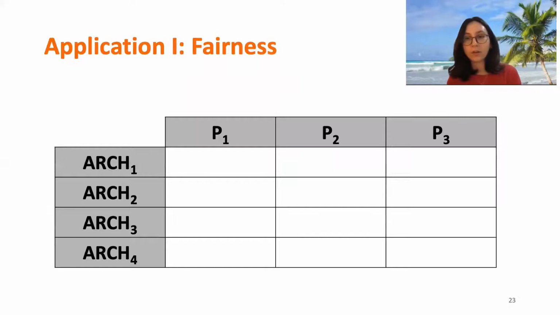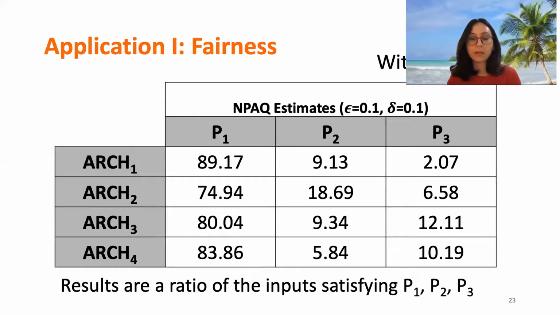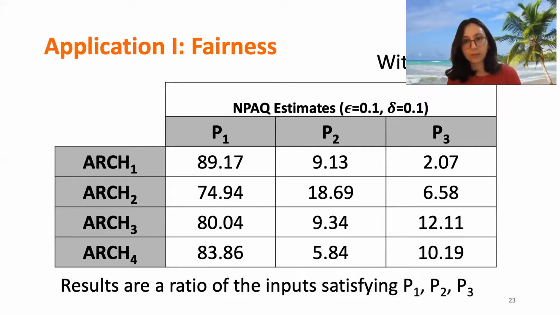Using our tool, NPAC, we experimented with 4 kinds of binarized neural networks with 4 different architectures, encoded these 3 properties, and we can obtain estimates within 6 hours. Here we used an epsilon of 0.1 and a delta of 0.1, but this can be set to anything that the user desires.